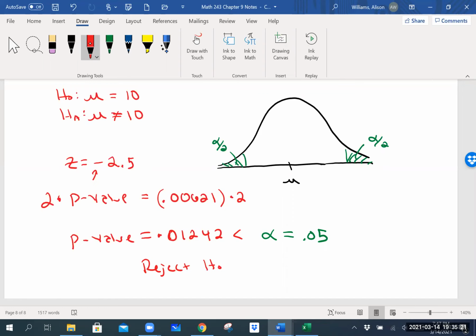So the key step is when you are doing a two-tailed test, you need to multiply the p-value by 2 and then compare it to alpha, because the p-value is being considered for both of these tails. And that is the only thing you need to know then, going ahead and trying the homework.